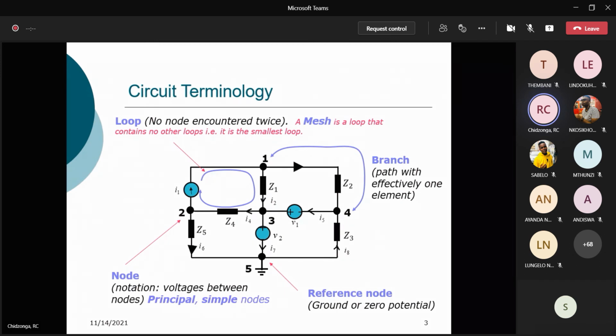In that branch, there might be 1 or 2 elements. Just like when you are connecting 3 resistors to get 60 ohms, that in fact is one branch. But in that branch, you did not only have 3 resistors, because they were all in series.